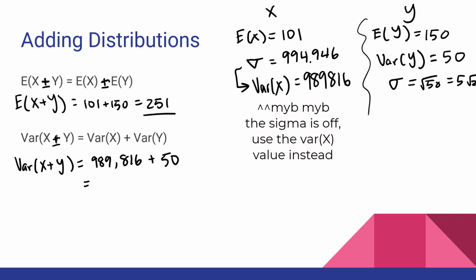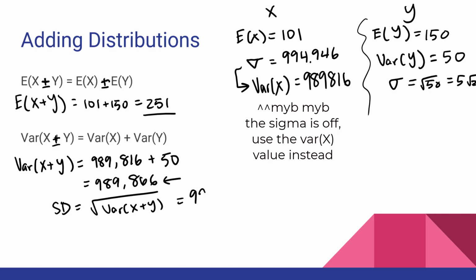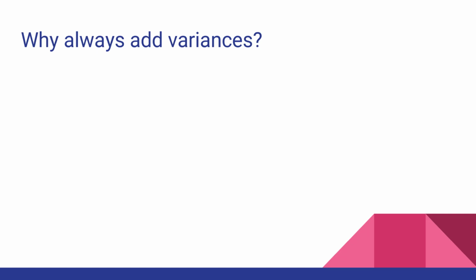So adding that together, we get 989,866. So the standard deviation, which is the square root of the variance, is equal to the square root of this, which is equal to 994.920.